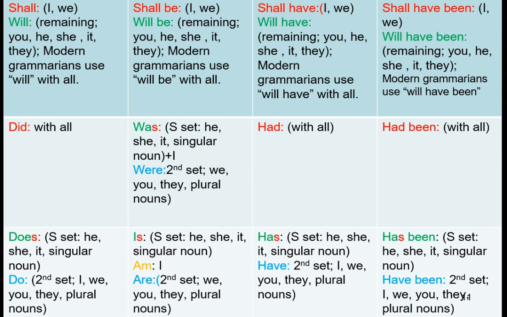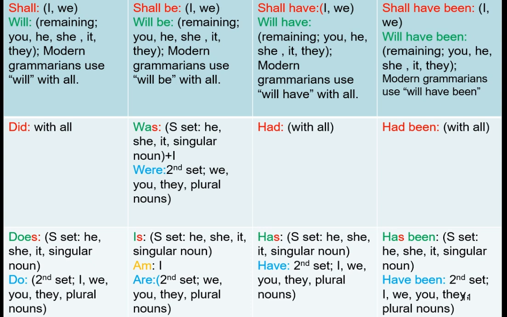Look here. He, she, it, singular noun will use does. Second set, I, we, you, they, plural noun, will use do. Is, S set, he, she, it, singular noun. And am is used with I. Are, second set, we, you, they, plural noun.